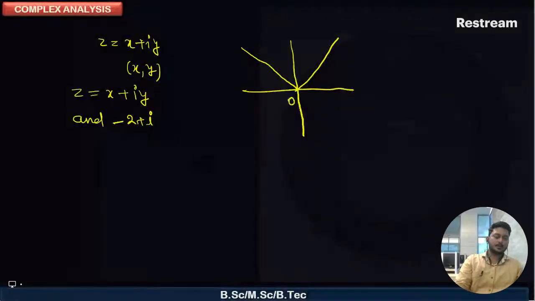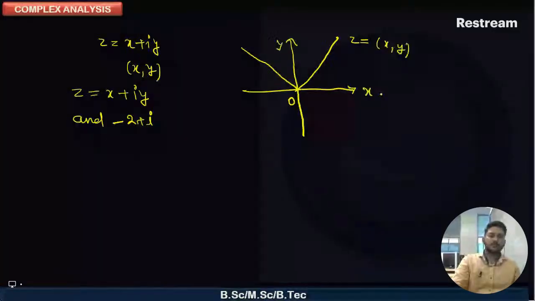So the origin is our 0, and for this you write the point as (x, y). The imaginary part is put here as y, and the real part is put here as x.